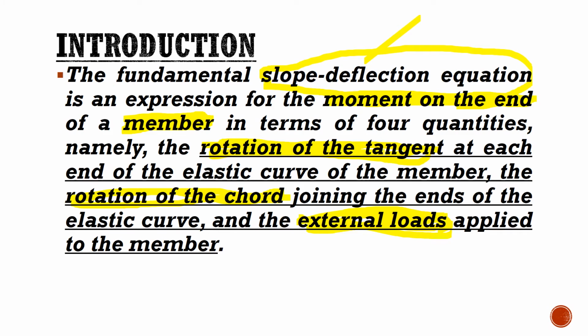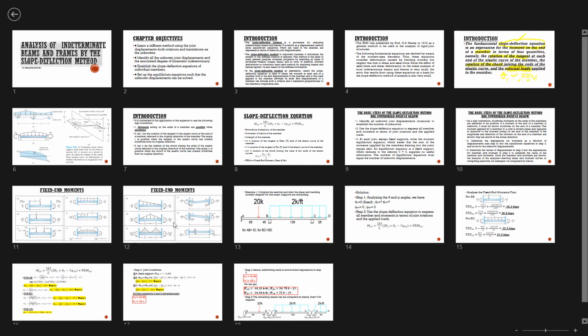The rotation of the tangent, theta. Then the rotation of the chord, psi. Then the external loads, which are taken into account in the FEM. So these are the basic concepts of the slope deflection equation.